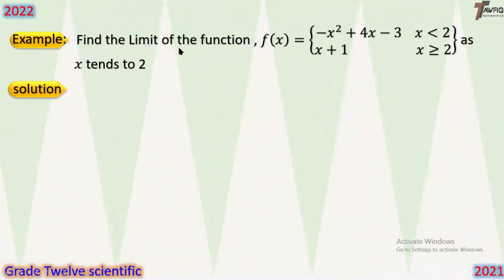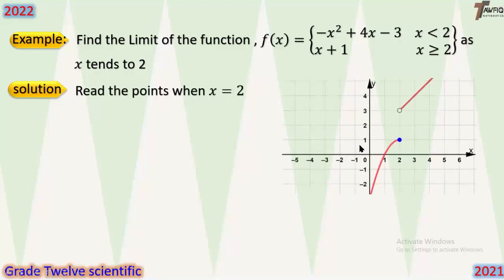Find the limit of the function f(x) equal minus x squared plus 4x minus 3 when x is less than 2, and x plus 1 when x is bigger than or equal to 2. Plot the graph of this function like this and read these 2 points. This one is 2, 1 and this one is 2, 3.